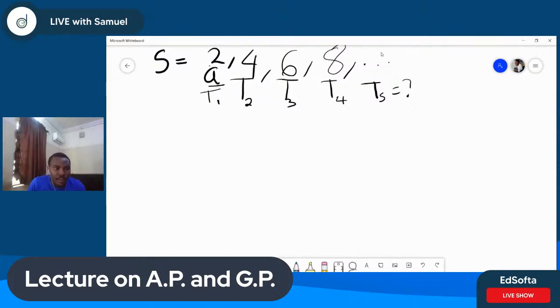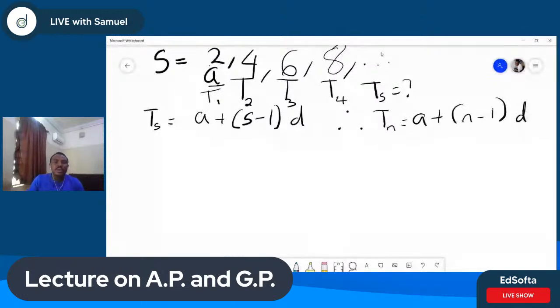We would say that T5 is equals to A plus 5 minus 1 D, because from our formula, we know that Tn is equals to A plus n minus 1 D.